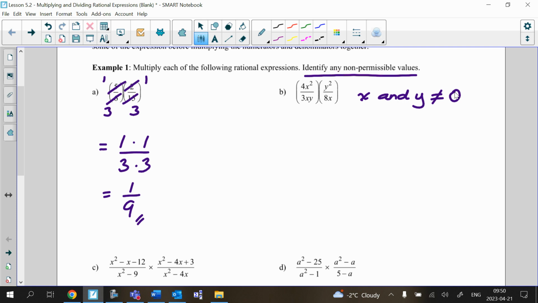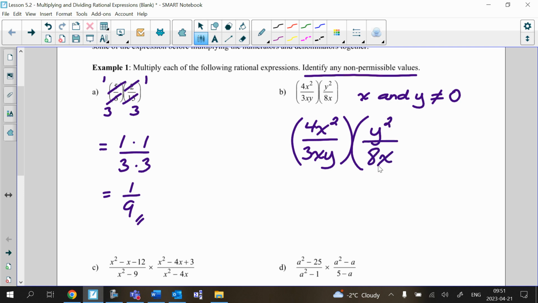Okay, so now what we've got to do, and I'm going to rewrite this to make it a little bigger, because we're going to have to start reducing. Let's just look at the numbers first, and then we'll deal with the variables after. Is there a pair of numbers, one in the numerator and one in the denominator, I could reduce? I could divide both of these by 4 and get 1 and 2.